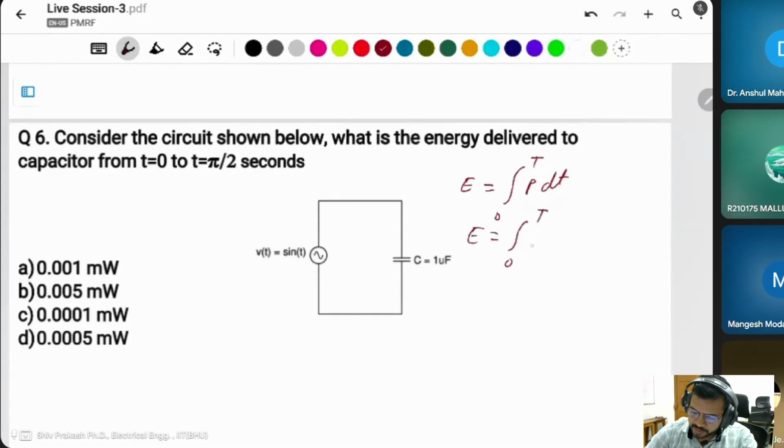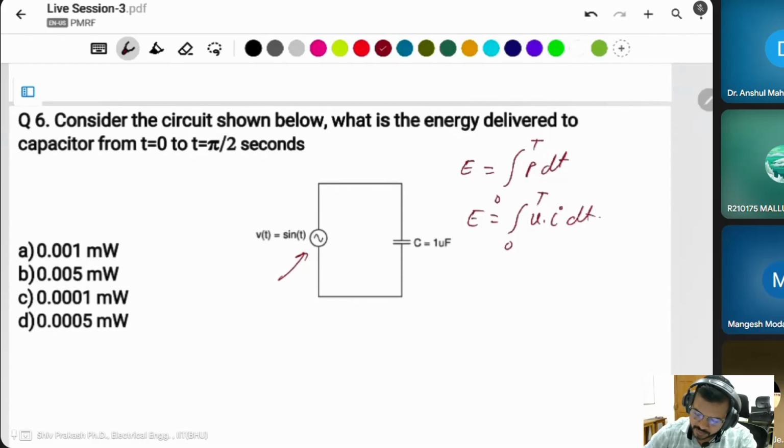Power is V into I. Voltage is given; you have to calculate the current. In a capacitor, I is C dVc by dt.